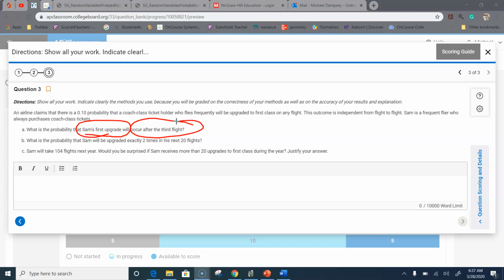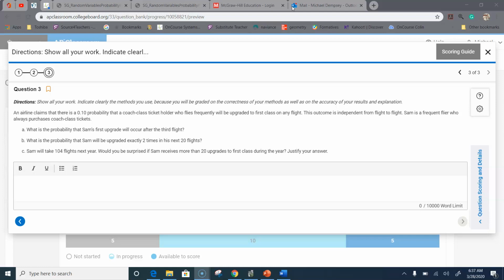What this means is, what's the probability this first upgrade will occur after the third flight? So that means it's going to occur on the 4th, or the 5th, or and so on. Anything after any of those, 4th or 5th or 6th. So it's an infinite geometric sequence for all my calculus friends out there.